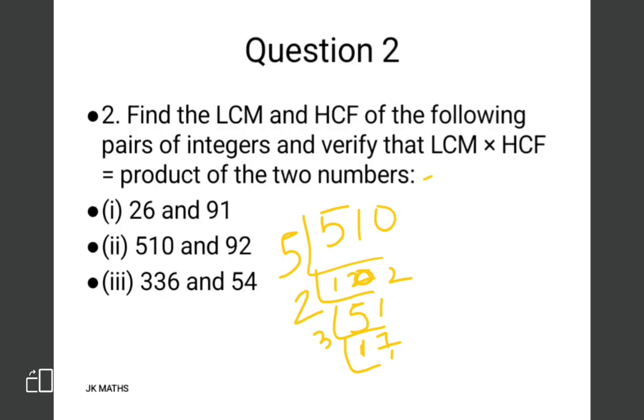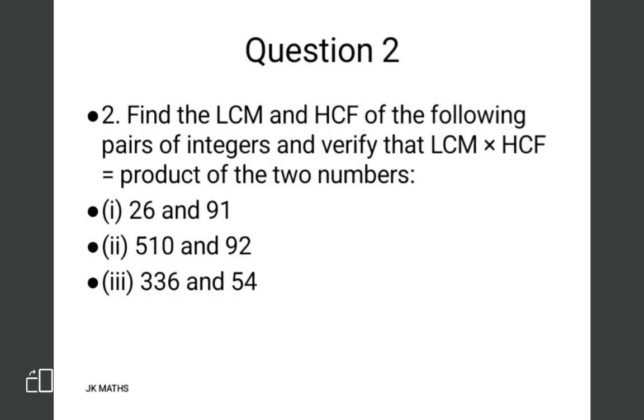So the prime factorization of 510 is 2 into 3 into 5 into 17. Now go to 92.